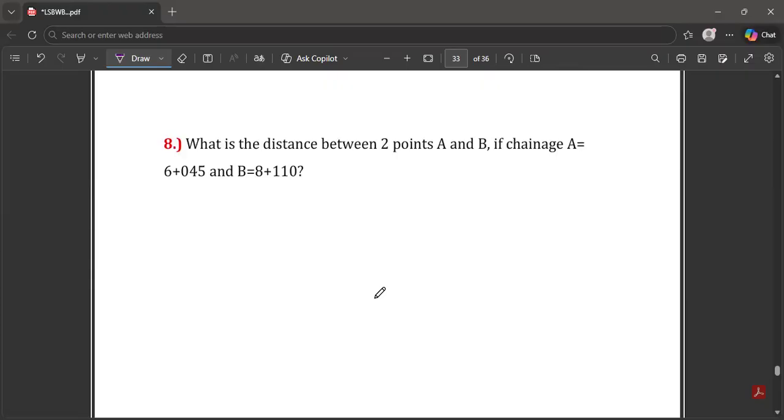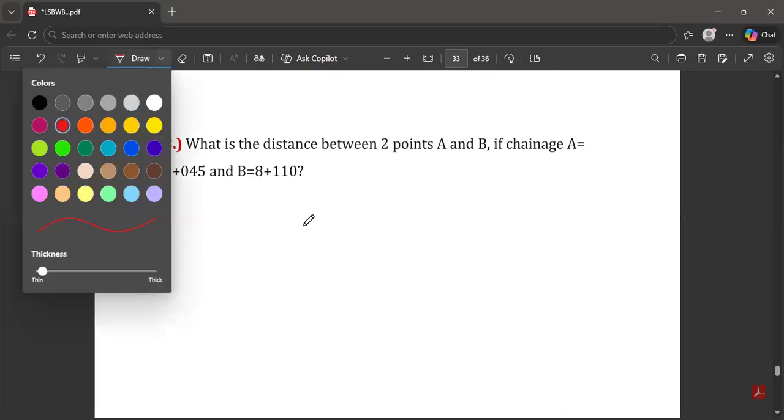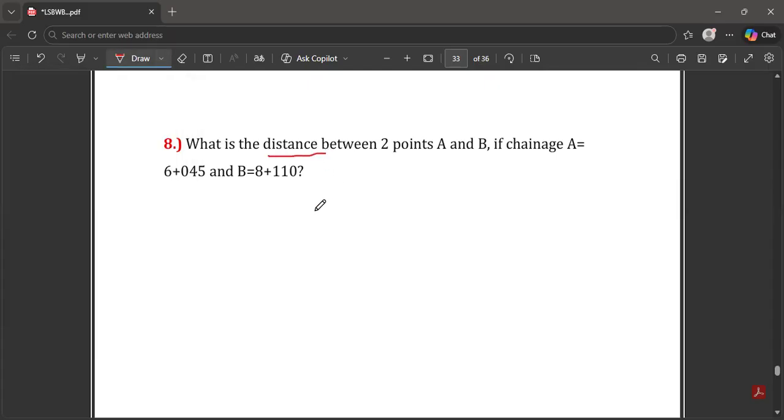Our question is asking: what is the distance between 2 points A and B, if Chainage A is 6 plus 045 and B is 8 plus 110? Since they are all in Chainage and they want the answer in the form of a distance, even after calculation we have to convert it into distance.